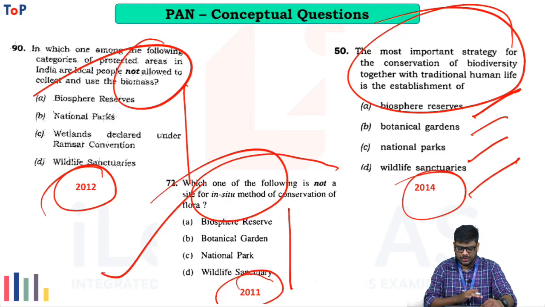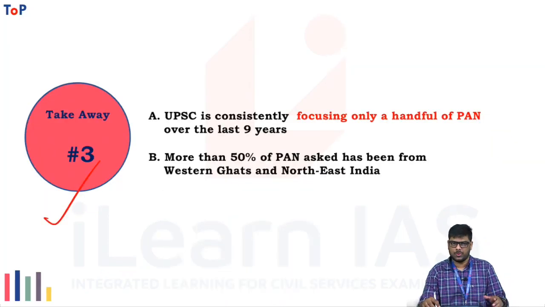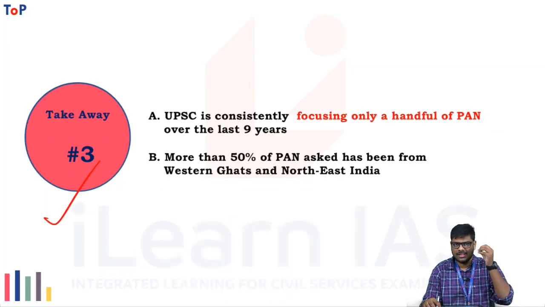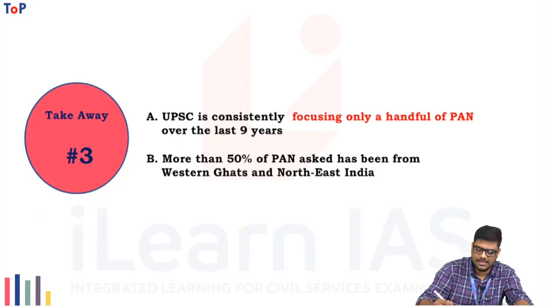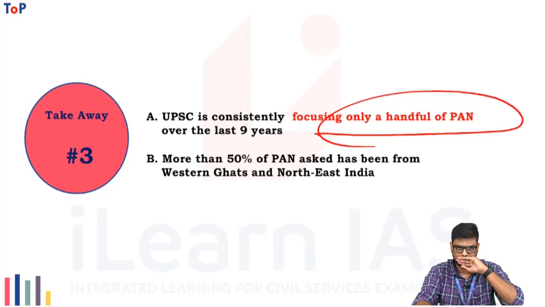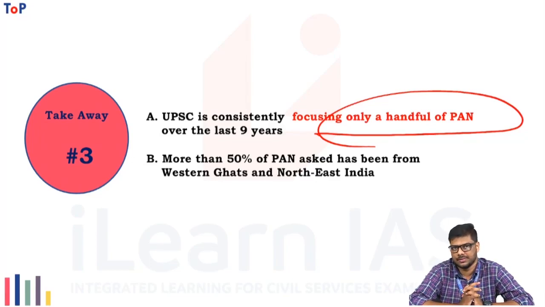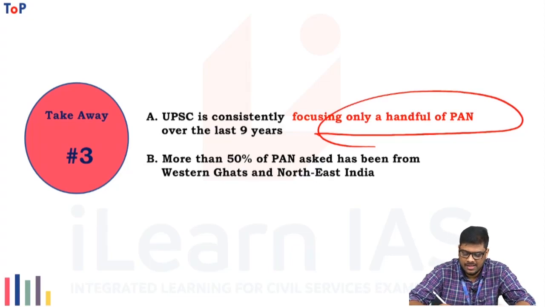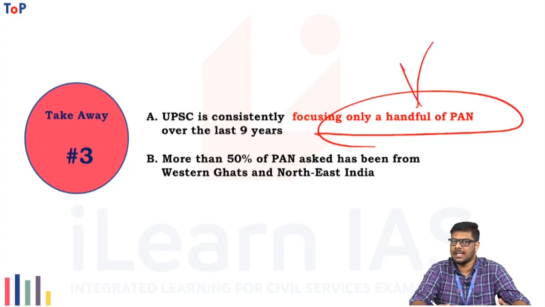And let me present you the third takeaway. UPSC is consistently focusing only on a handful of protected area networks over the last 9 years. It has been highly selective when it comes to protected area networks.